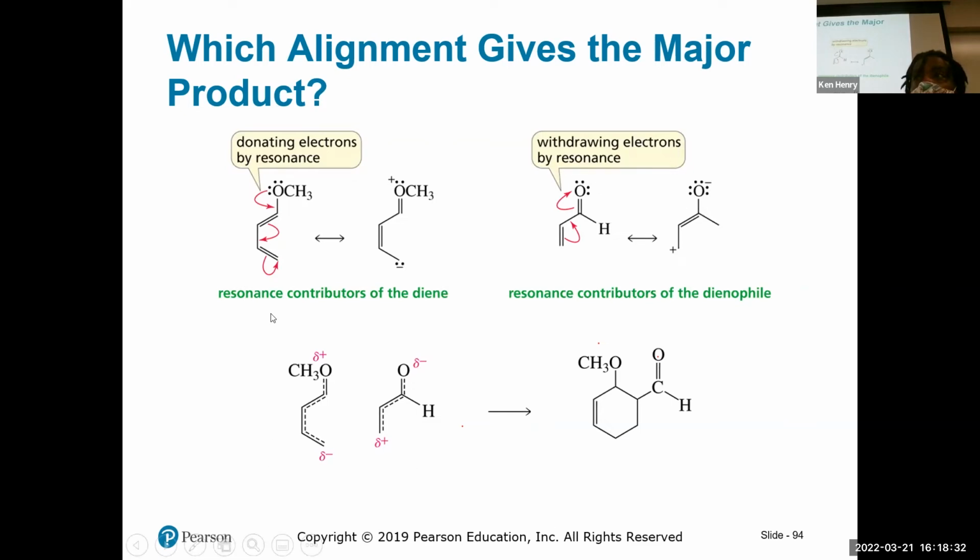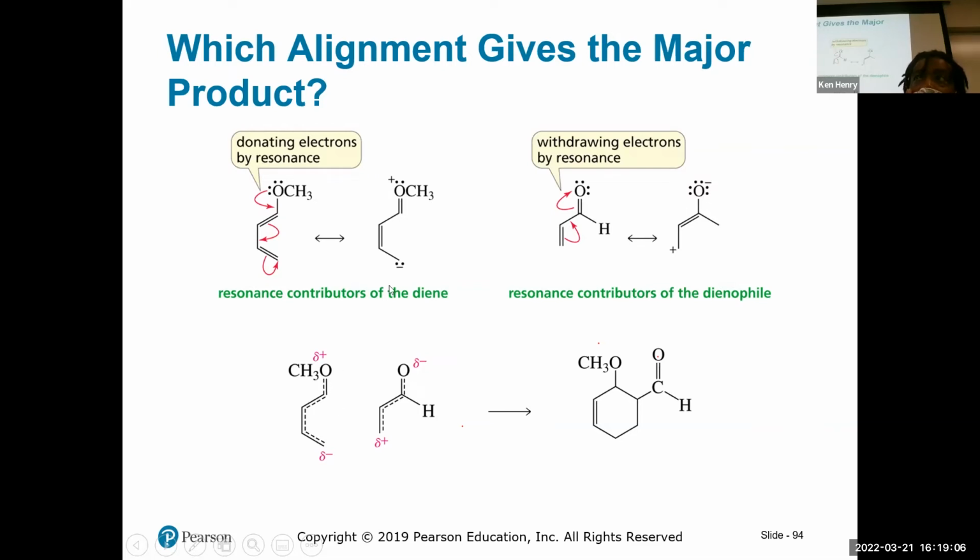So if we look at which product is going to give us more product, those partial charges are going to play a huge role in that orientation. If we look at our resonance structure, we end up with a plus and a minus here. So we get a partial negative for this guy and partial positive for this guy, right?